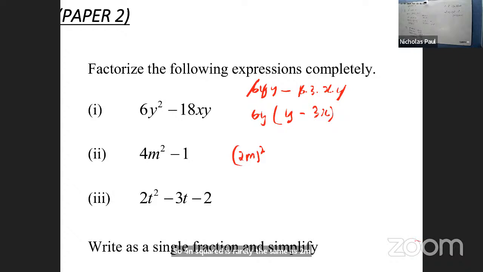Correct? And how to get 1? 1 is the same as 1 squared. Okay?